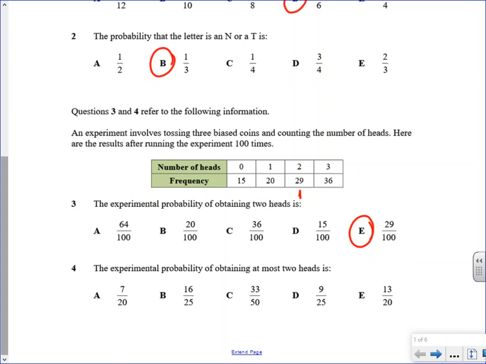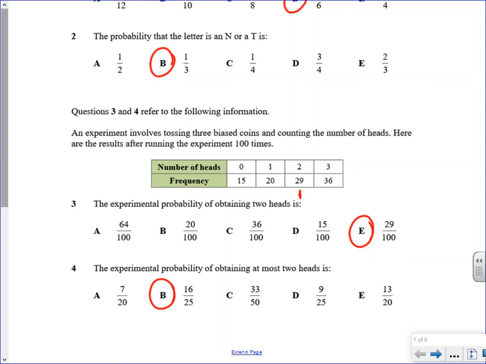So what we could do is we could do 15 plus 20 plus 29, which would give us the answer. Or we could realize, well, if it's everything that's not 3, and there was 100 in total, if you do 100 minus 36, which gives us, what's that, 64, and then when we do 64 over 100, that goes down to be 16 over 25.